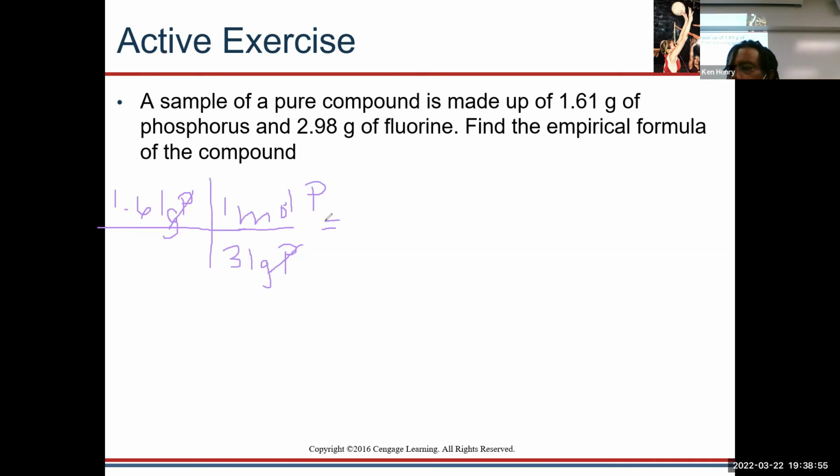So I should have 3 sig figs, so that's 0.0519 moles.